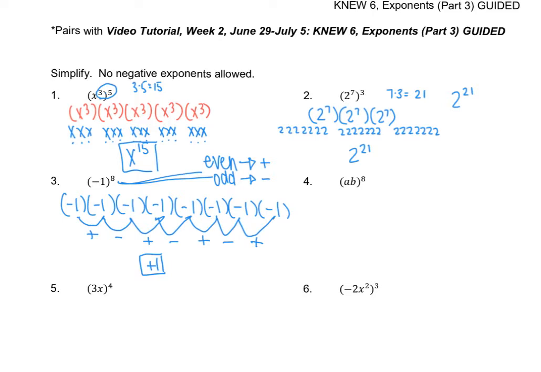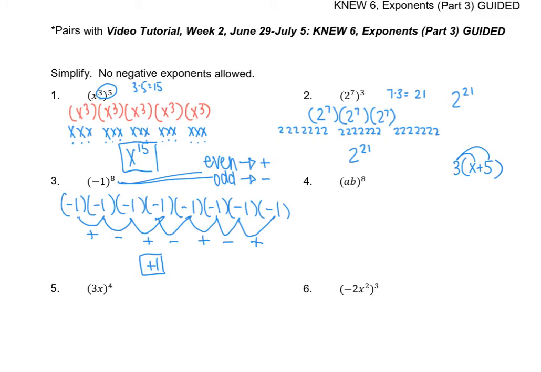All right, now, when you have multiple variables in parentheses, and you have an exponent on the outside of those parentheses, you have to distribute it to every single thing in those parentheses. So similar to the distributive property, like remember here, you have to distribute here.